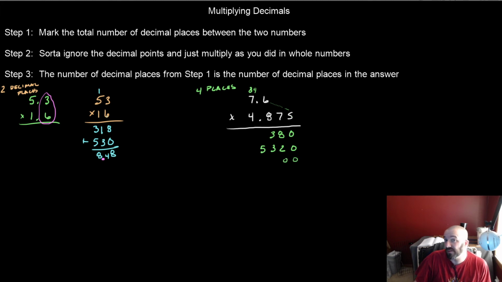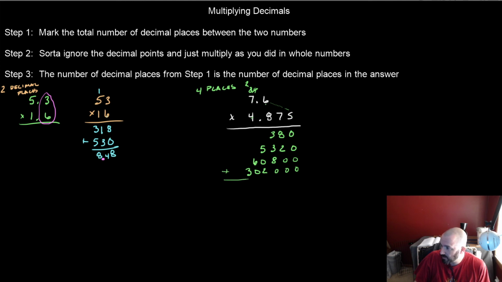This has to do with place values. 8 times 6 is 48, so the 8 comes down, the 4 stays up there. And then 8 times 7 is 56, plus 4 is 60. 0, 0, 0. 4 times 6 is 24, so the 4 goes here, 2 goes up here. 4 times 7 is 28, plus 2 is 30. And again, your columns should line up.